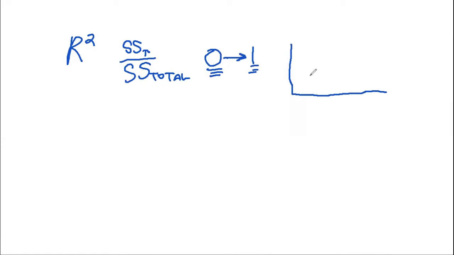So just to give you some scenarios. If your data looks something like this, where you have some error but not too much, you might expect an R squared of, let's say, 0.8. You can also get the same thing if you have smaller effects and then tighter data.